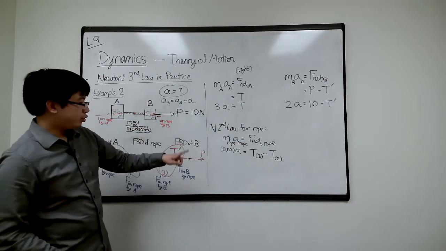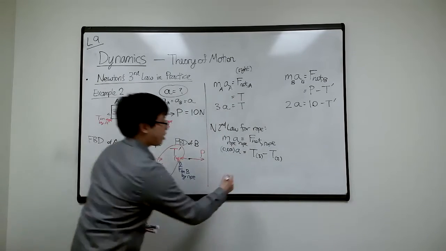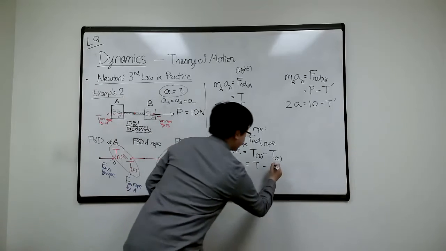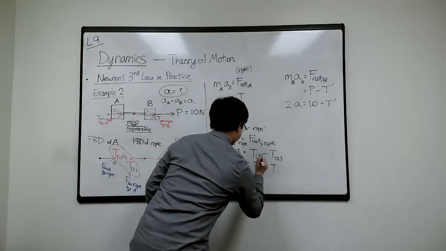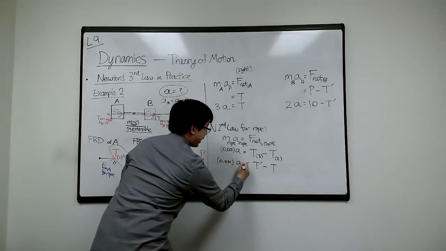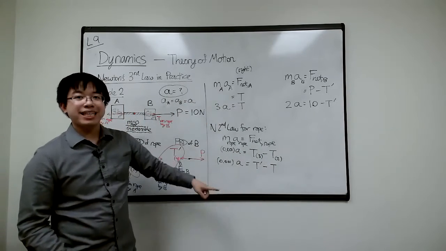Now you can say T3 is the same as T prime, and T2 is the same as T1, so T prime, I should say. So you have 0.001. Look, now you have 3 unknowns, but 3 equations, and now you can solve it.